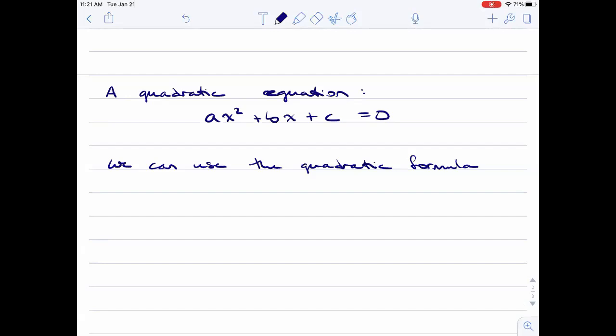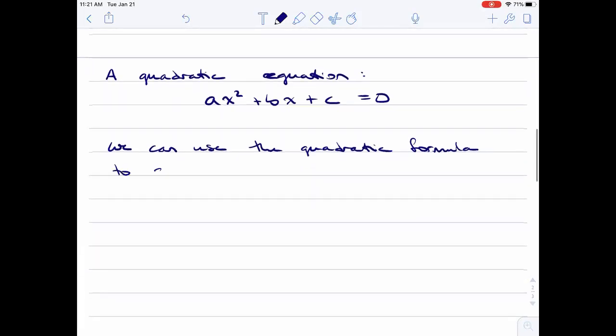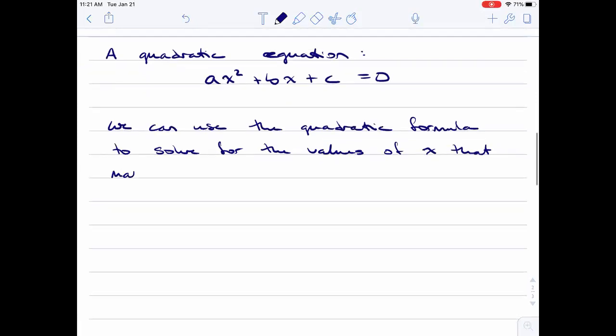So we can use the quadratic formula to solve for the values of x that make ax squared plus bx plus c equal to 0.